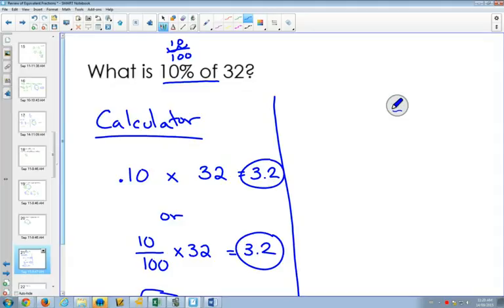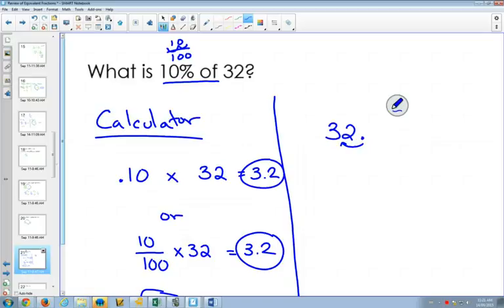Now 10% and 1% are ones that I want you to be able to do without your calculator. So when I see 10% of 32, anytime, by the way, it'd be like 32 and there'd be a decimal place right there, even though you don't write it. Anytime you're doing 10%, you're just going to move that decimal place over one spot.